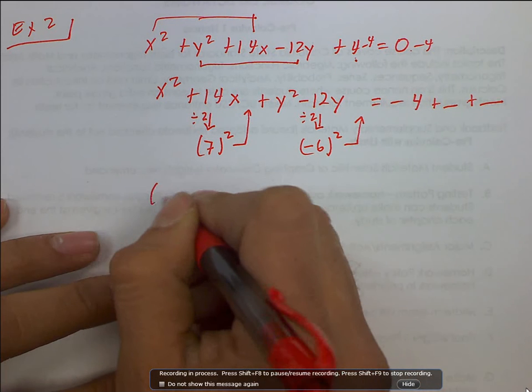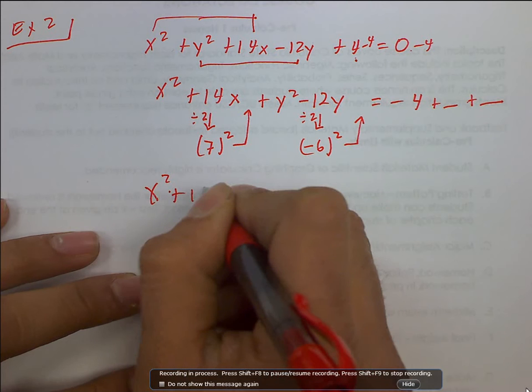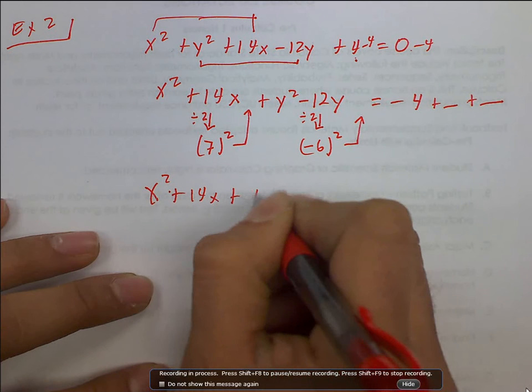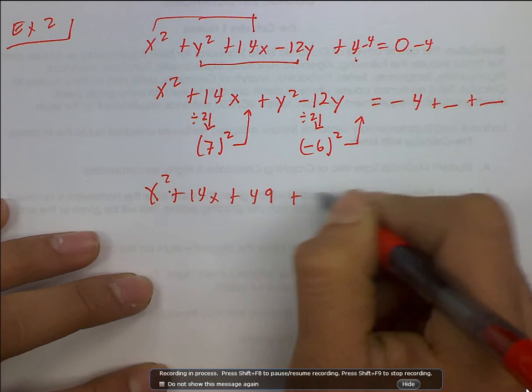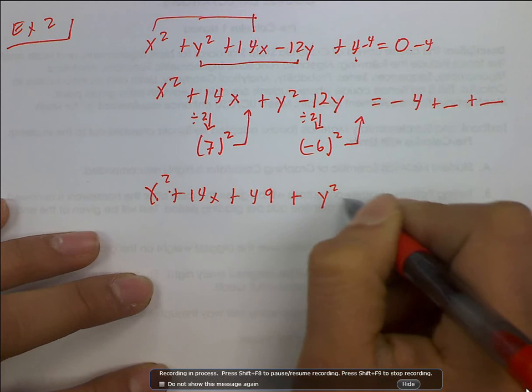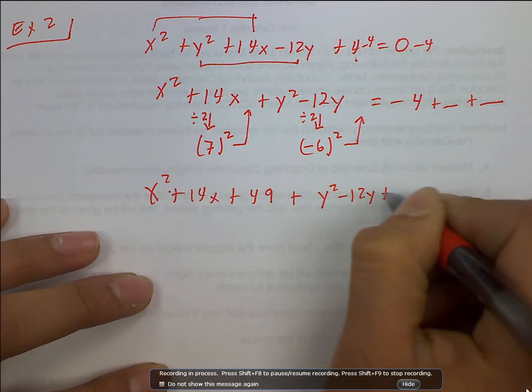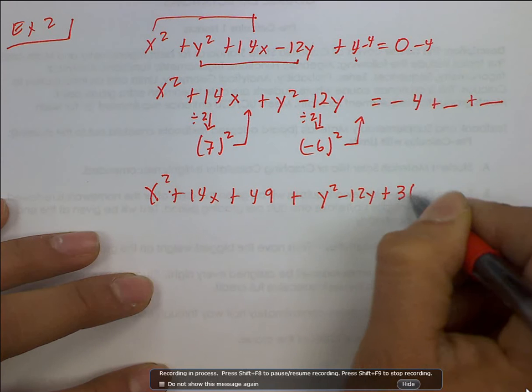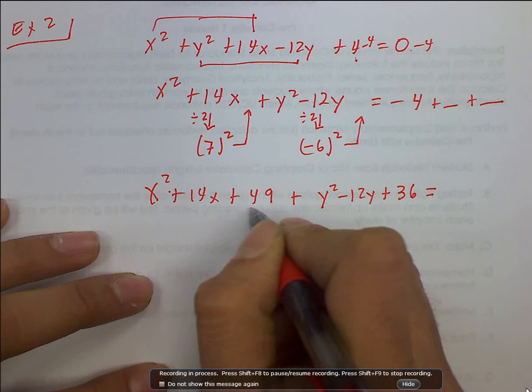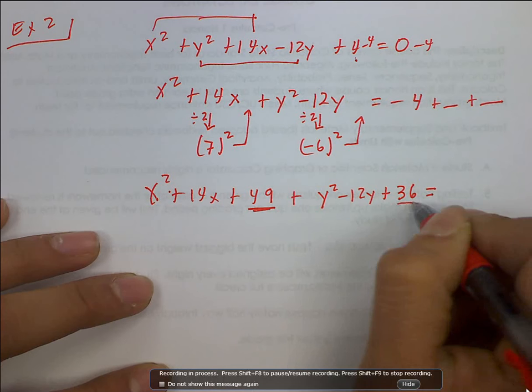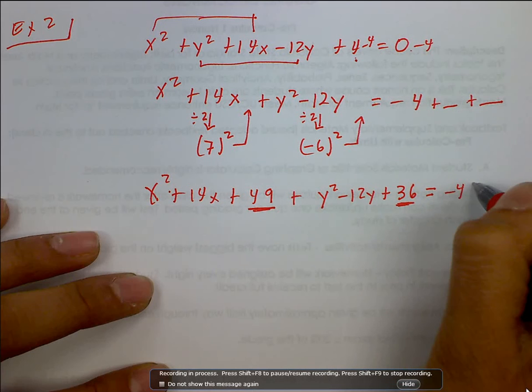So we have x squared plus 14x plus 7 squared, which is 49, then plus y squared minus 12y plus negative 6 squared, which is positive 36, equal to negative 4 plus 49 plus 36, since on this side I added 49 and 36.